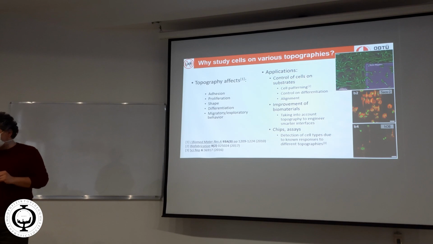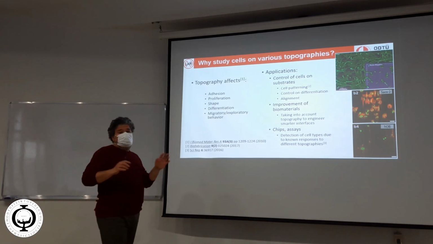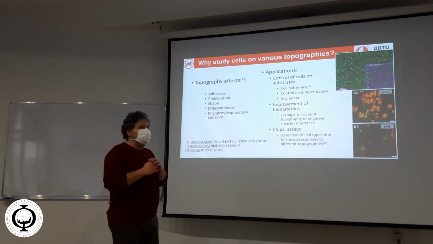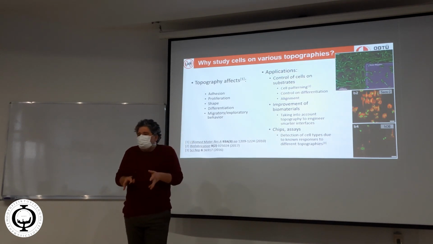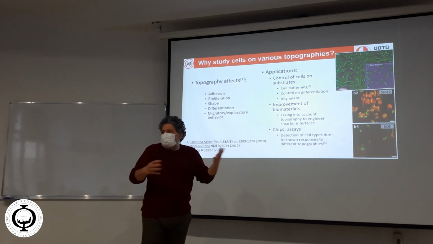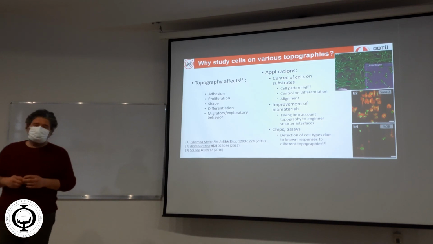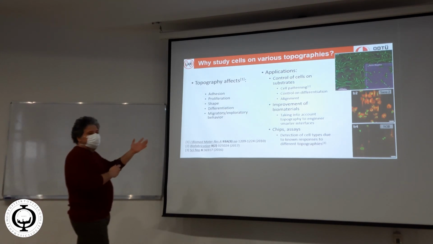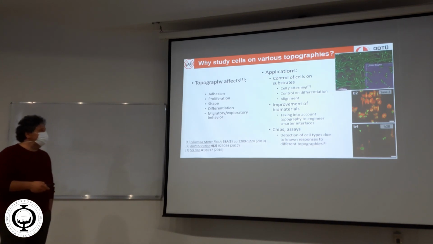It's a very simple approach, involves no chemistry. So the cells are in their native state, but what they walk on is engineered. That's the beauty of the simplistic approach of this tool, but it turns out that you can do quite a lot of things.